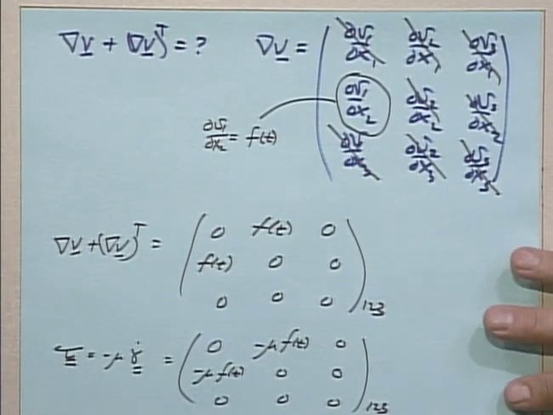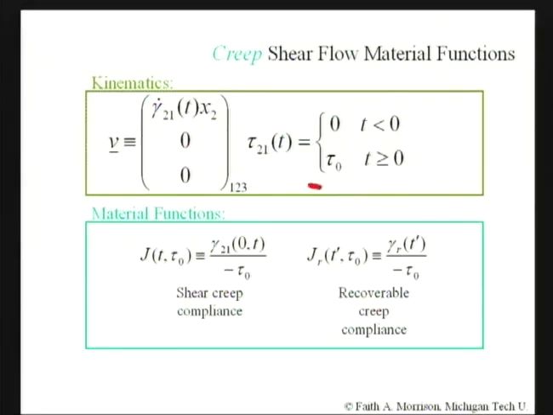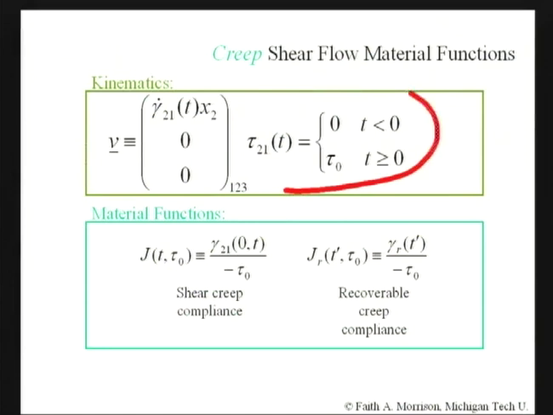And now, because we've gotten this far in analyzing our flow, we can go back to the definition of creep. For creep, the tau21 is given by this function. And because we now know what tau21 is equal to, we can back calculate what this f of t must be.